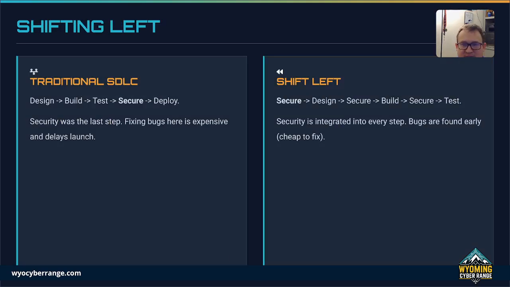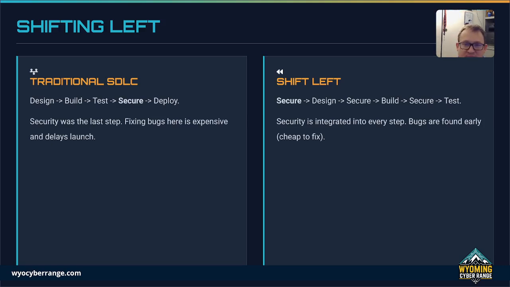So how do we fix this? We have to change how software is built. In the traditional SDLC, software development lifecycle, security was an afterthought. You designed, built, and tested the software, and then right before launch, you asked security to check it. Now, this is very, very expensive.